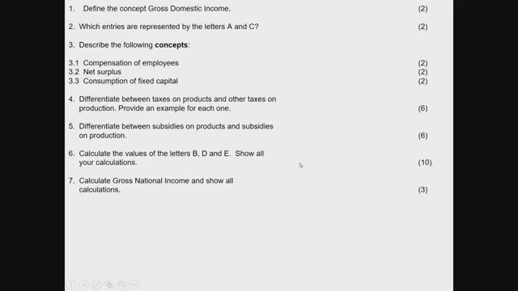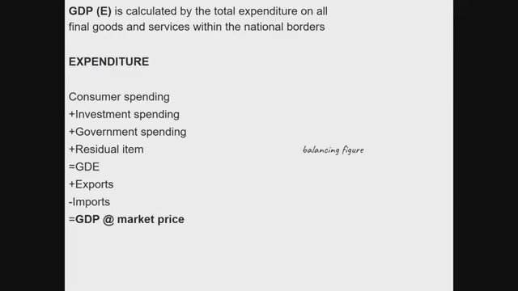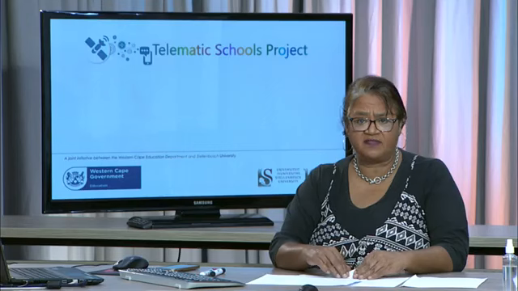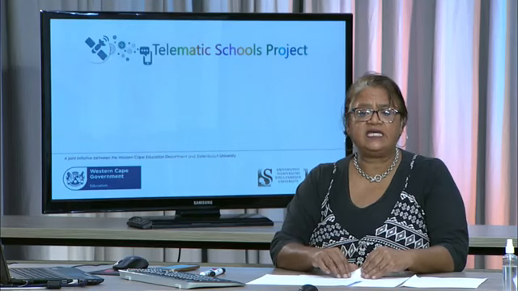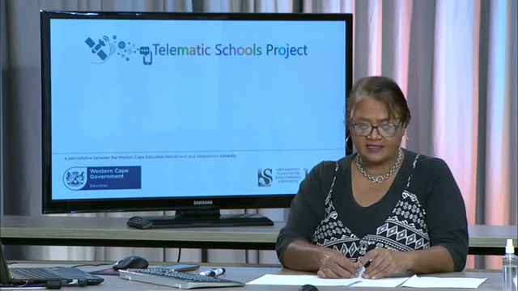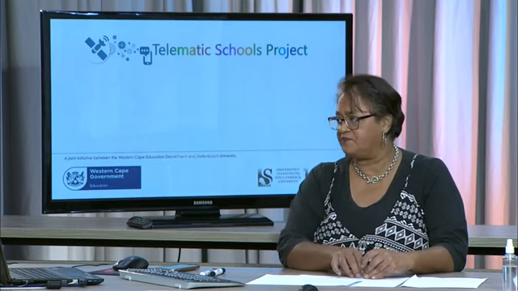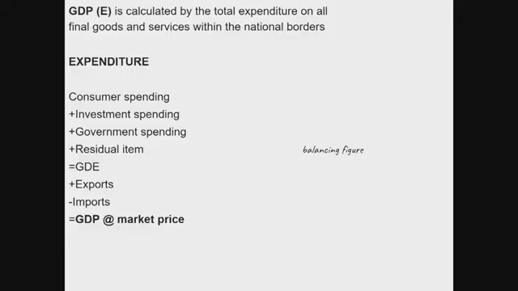Right, we're moving on to the next one now, which is our third and final method, which is our GDPE, also known as the expenditure method. When we look at our GDPE, this is calculated by the total expenditure on all final goods and services within the national borders.